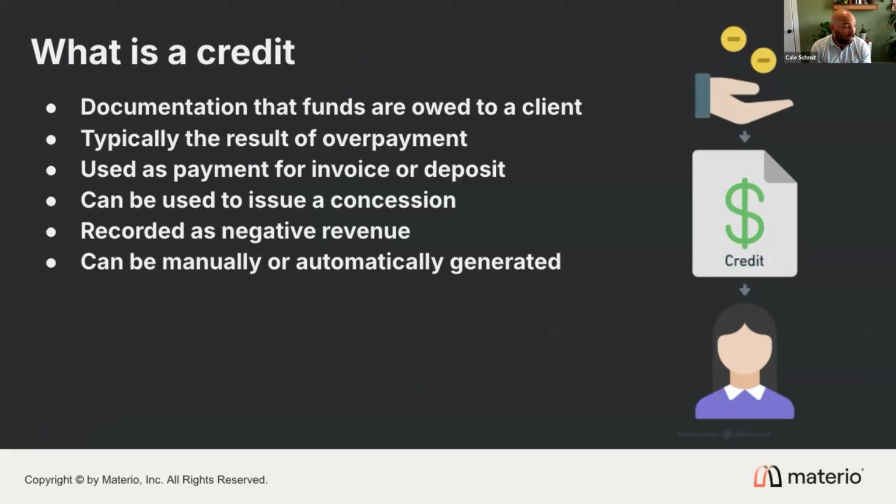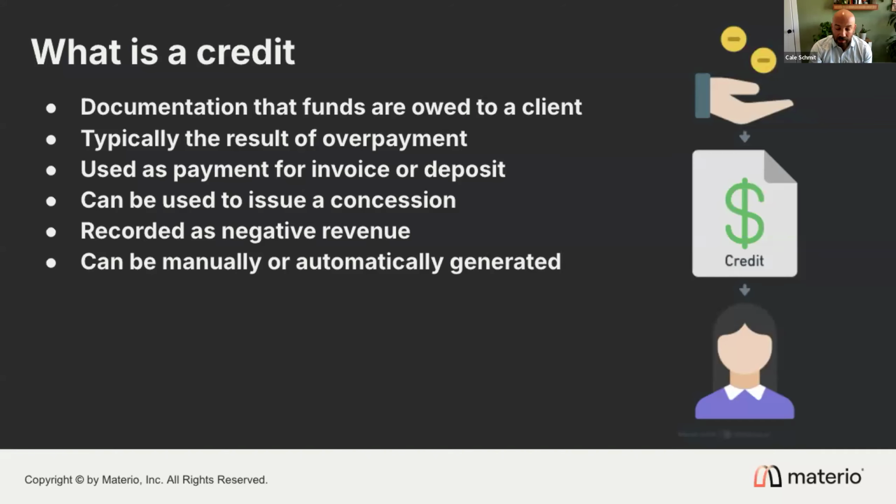Create a credit so that you have a document of this. You can name it whatever you want to name it. As I mentioned earlier, if there's a special circumstance where you want to give your client just an offer of goodwill, you can do that and you can document it. They get notified. They say, hey, you have this credit for X amount of money. It's for XYZ. And that can go a long way.